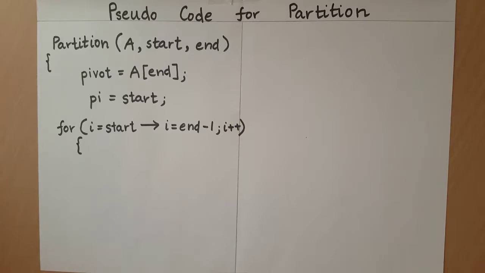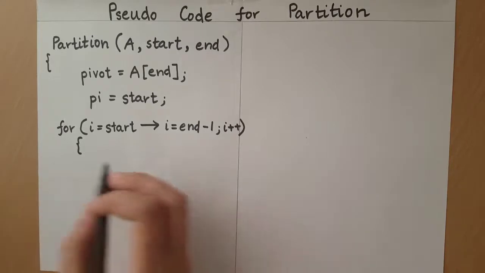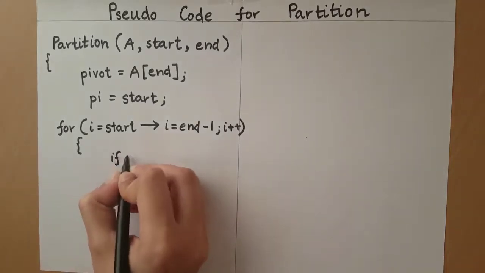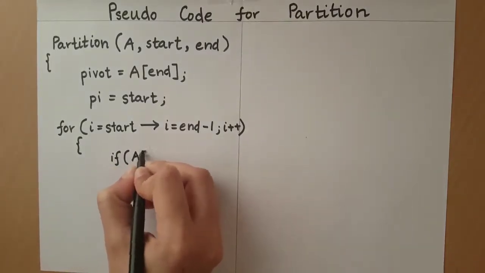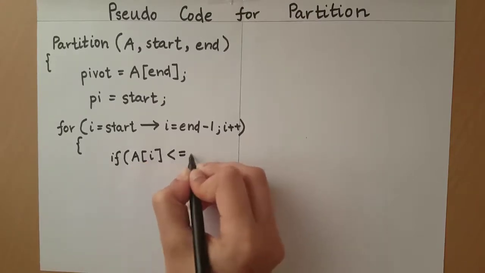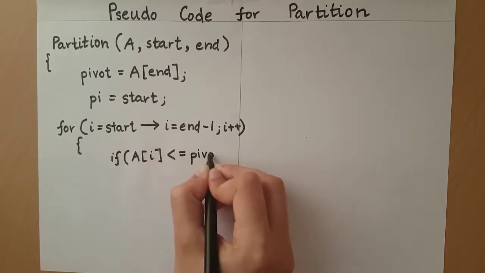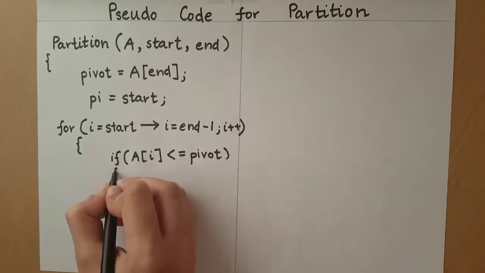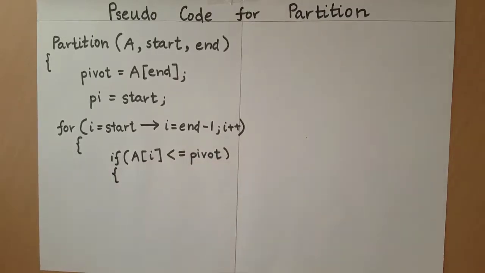If the element at I is less than the pivot, then we say that the condition has been violated. So let us write down that condition. This is the condition: if the element at I is less than or equal to the pivot.